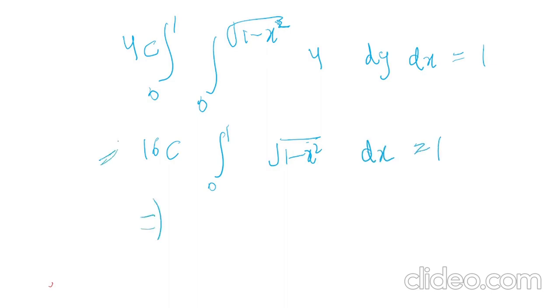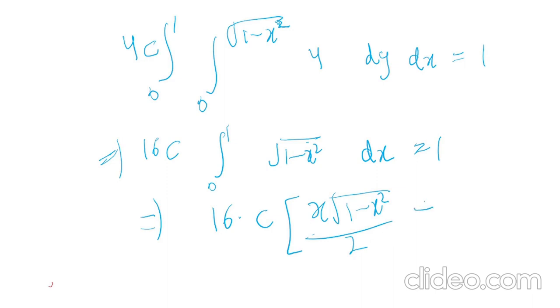So ultimately this will be 16c, and for this the formula is x root of (1 minus x square) divided by 2, plus a square by 2, where a square here is 1, so it will be half sine inverse x, from 0 to 1.